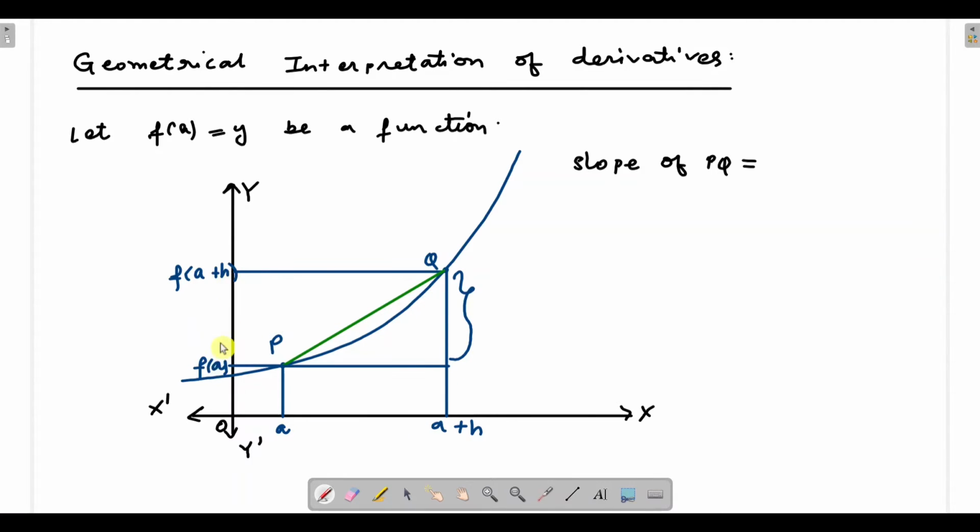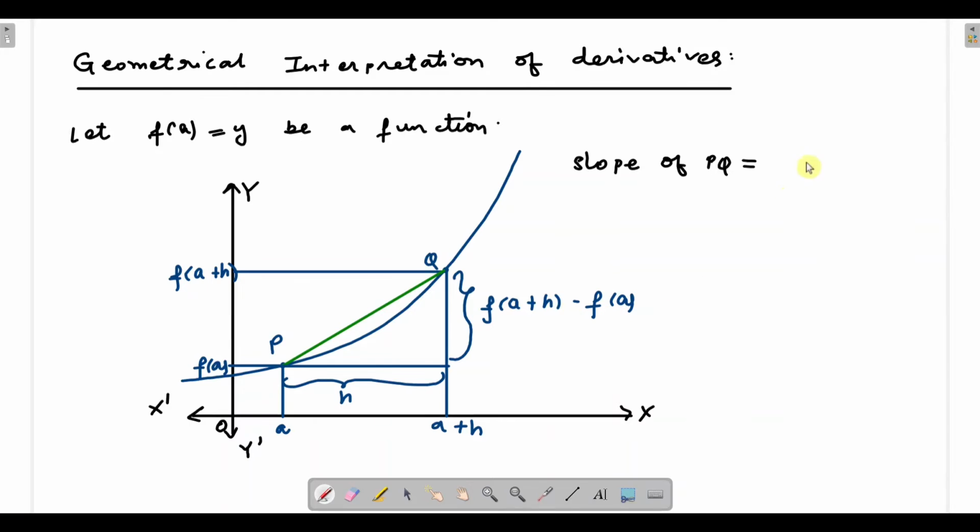It is f of a plus h minus f of a, right? And what is this distance? This is a plus h minus a, which is h, right? A plus h minus a, the a and minus a will get cancelled, you will get h. So this is h.